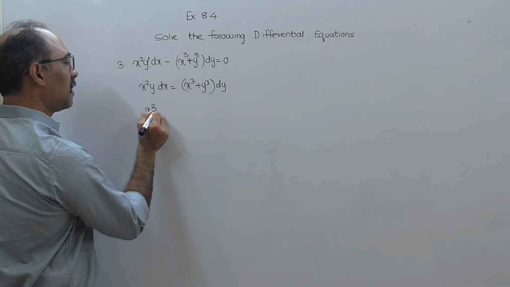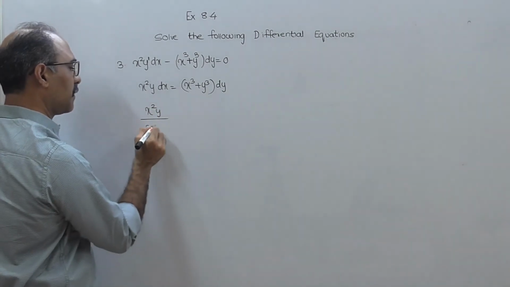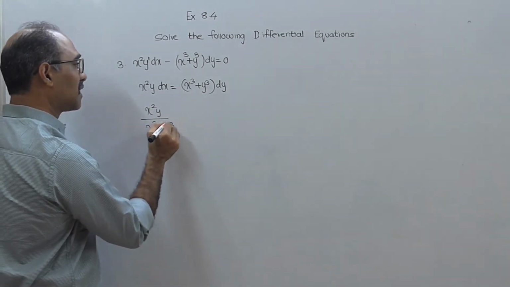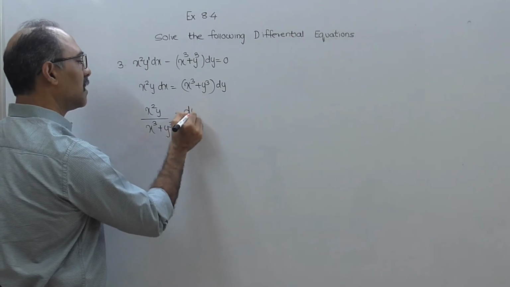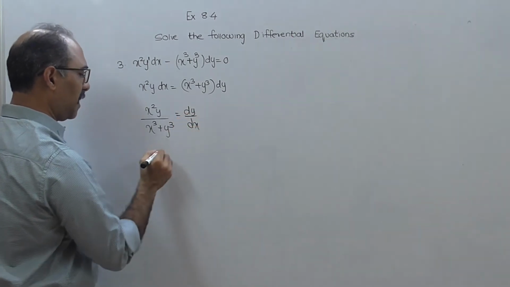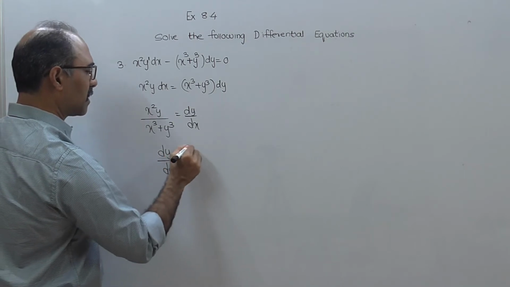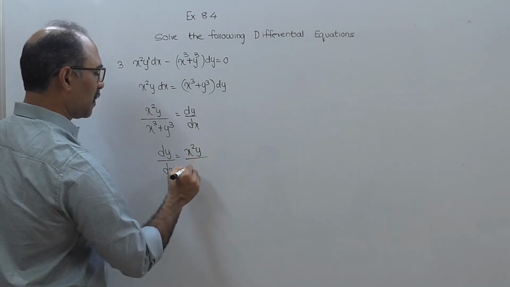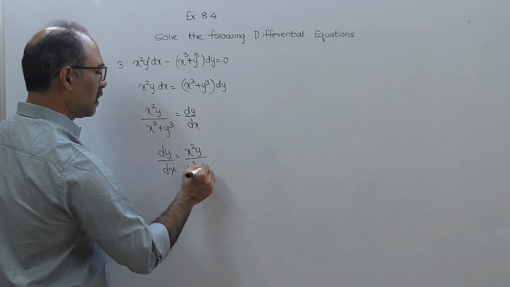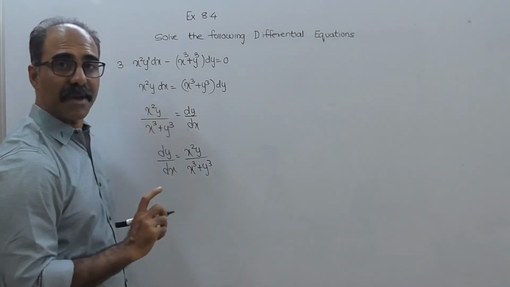So x square y upon x cube plus y cube is equal to dy by dx. So we get dy by dx equal to x square y upon x cube plus y cube.